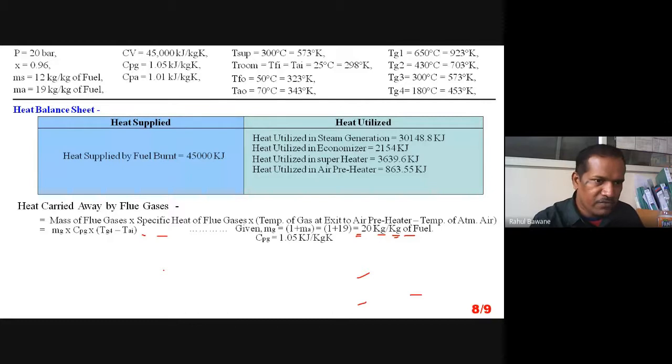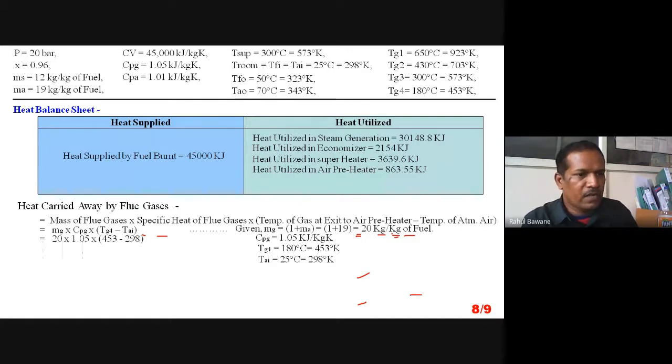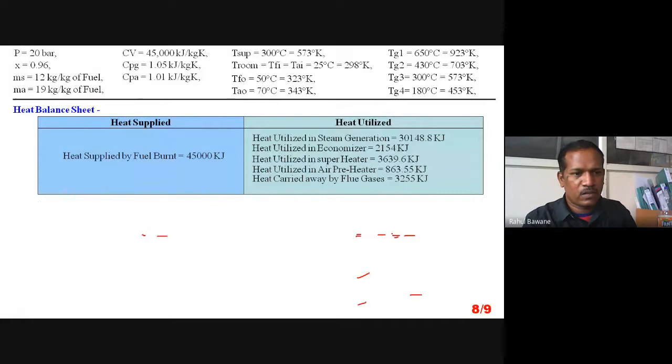Volume wise it might be different, but mass wise it remains equal to the addition of fuel plus air. So we consider that mass of fuel is 1 kg and mass of air is given as 19 kg. So total mass of exhaust gas is 20 kg. So we use mass of exhaust gas as 20 kg, remaining data we know. So put the values, calculate it, so it comes to 3255 kilojoules. So it is carried away by flue gases.